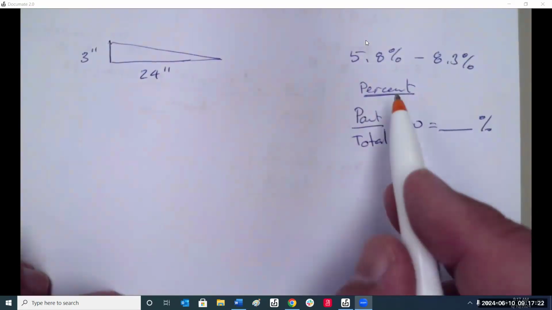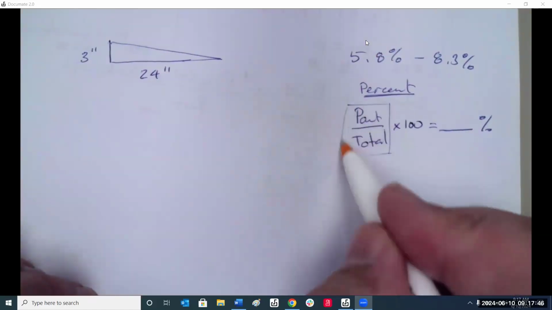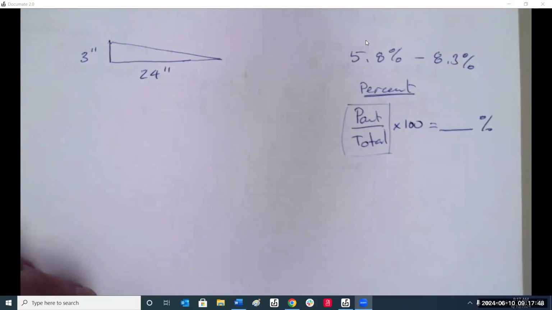Now, how do we take this percent equation and convert it to a slope? Look at the fraction. Do we deal with fractions and slope? Of course.